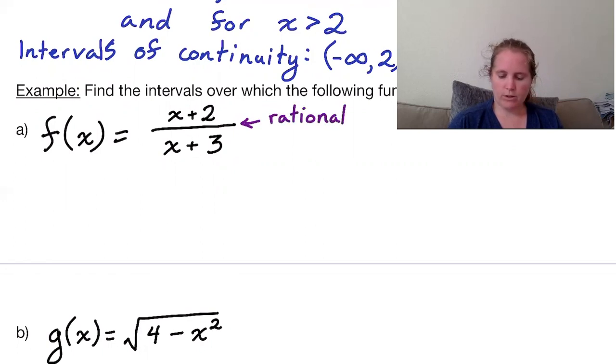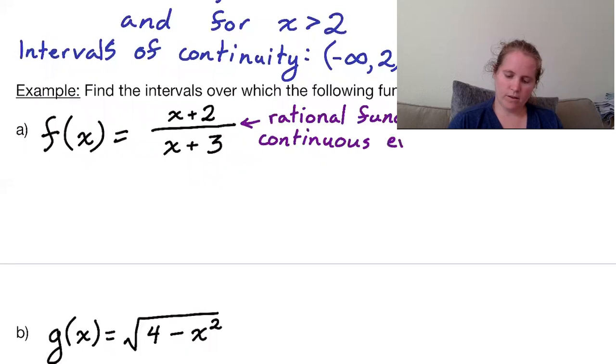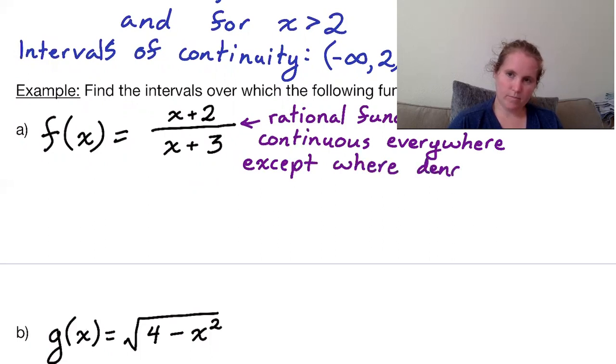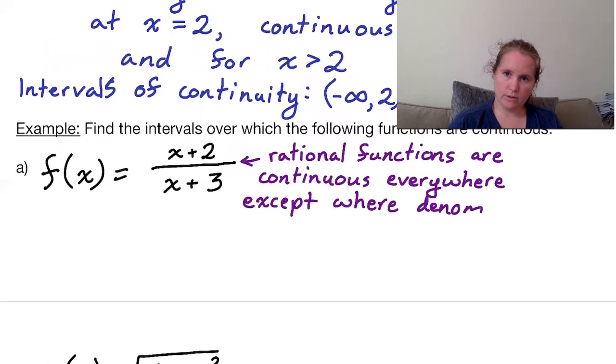So rational functions are continuous everywhere except where the denominator equals 0.